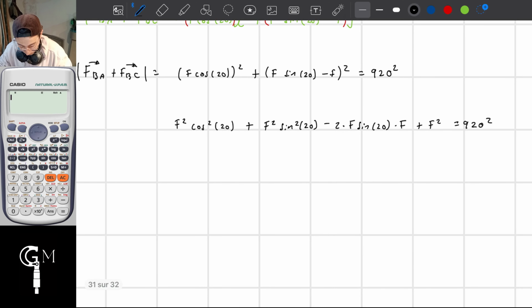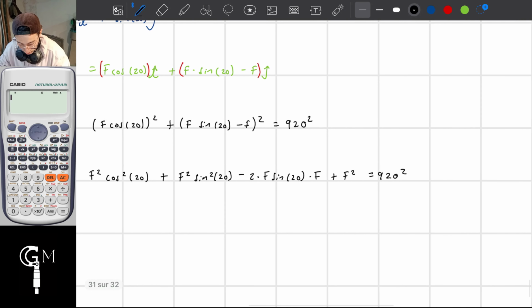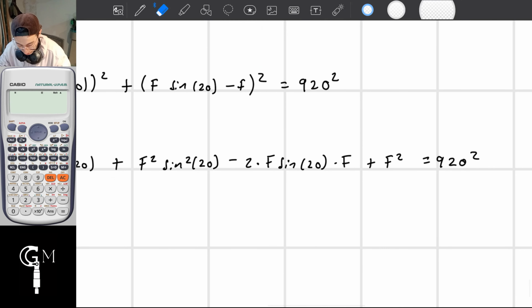Now, these two are multiplied, so I can get rid of this F, but I have to put a square right here.